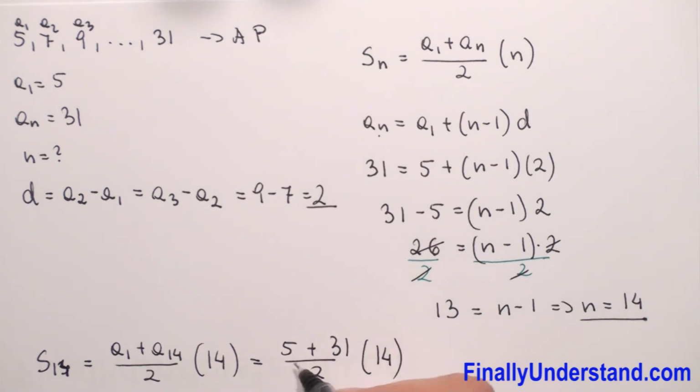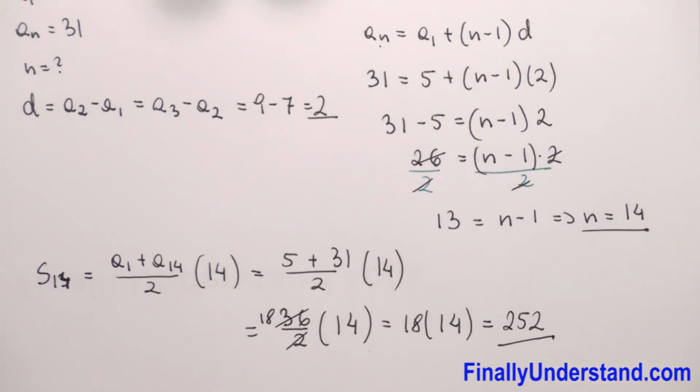So this is equal to 5 plus 31 is 36 over 2 times 14. We can reduce 2 and 36 is 18. So we have 18 times 14. So this is equal to 252. So this is my solution.